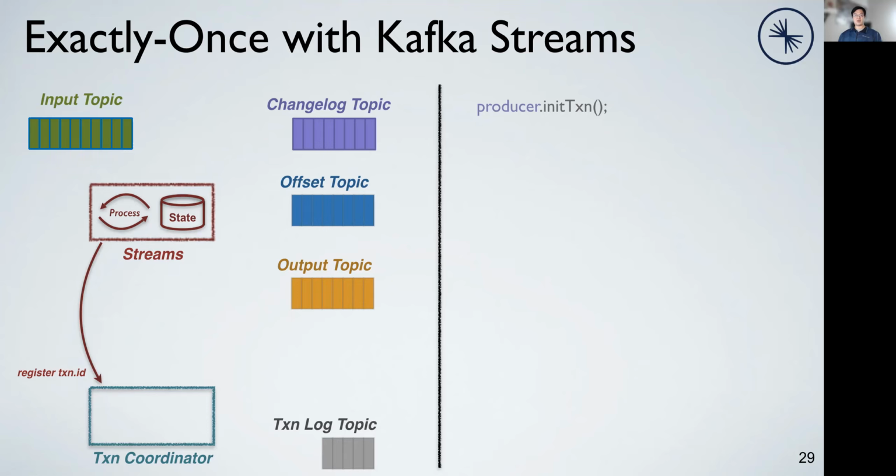Upon receiving the registry request, the coordinator would assign its producer a unique ID and append an entry with this ID to the transaction log, initializing the producer's transaction state in its local cache. Here, the cache is just a materialized view of the transaction log, and it can always be restored by replaying the log in case the transaction coordinator fails over.